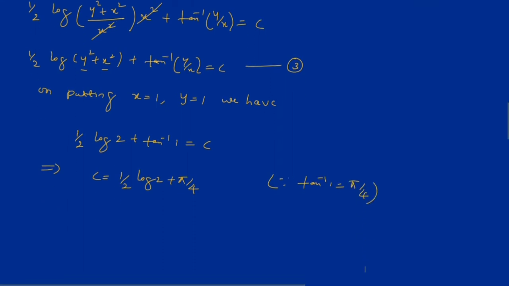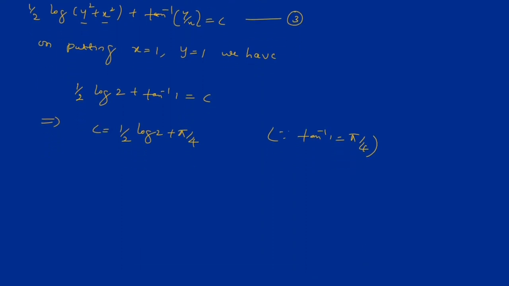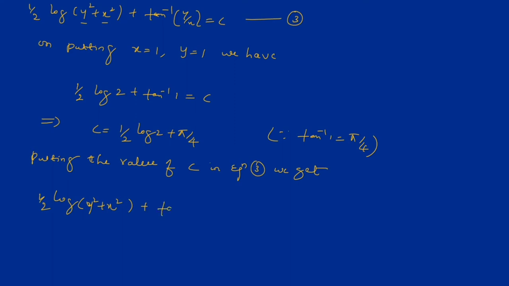So now putting the value of c in equation 3, we get 1 by 2 log of y square plus x square plus tan inverse y by x, which is equal to, just substituting the value of c, 1 by 2 log 2 plus pi by 4, right?